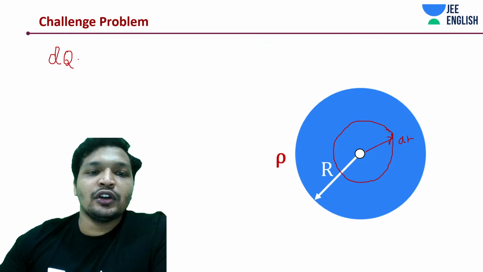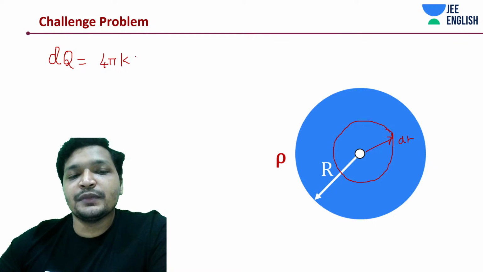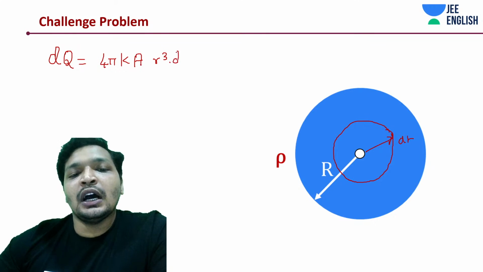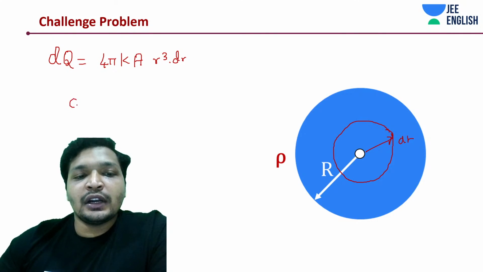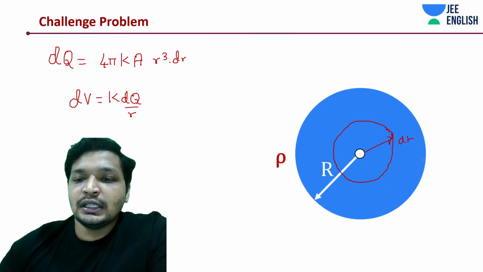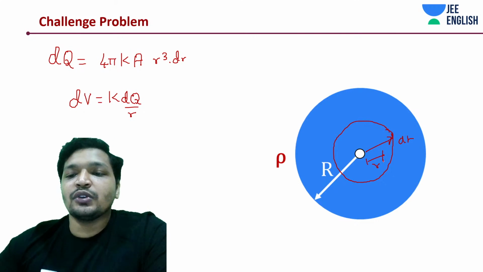The dq value we got out to be something like 4 pi k, where k is Coulomb's constant, into a into r cube dr. And we wanted to write the potential as k into dq by small r, the distance small r from the center. That does not matter because it's going to be this.